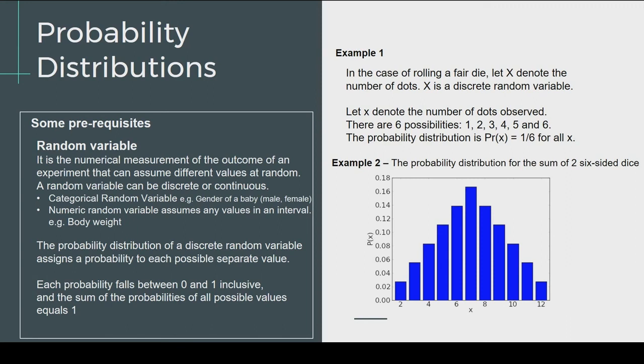So when you roll two dice, the least value would be 2, which means that both the dice will have a 1 and a 1, and the maximum would be 12, where you'll have a 6 and a 6. And it could take any value. It could take around like 4 and 5, it could take 6 and 3, it could be a combination of any of the six numbers for the two dice.